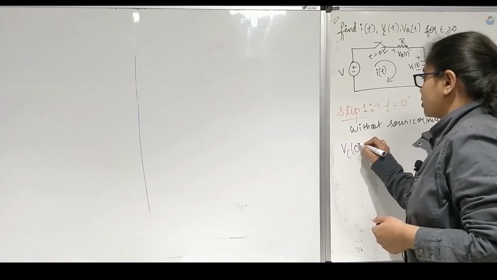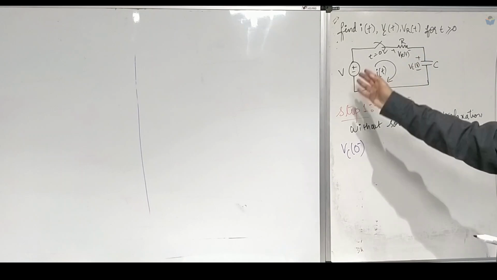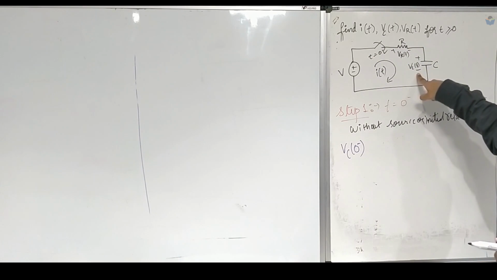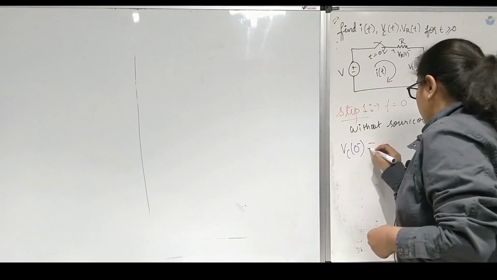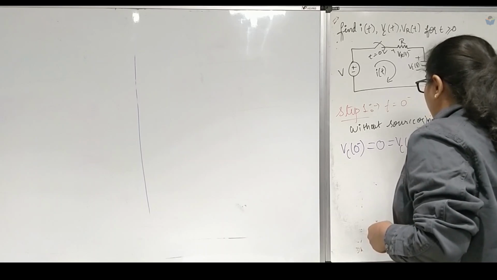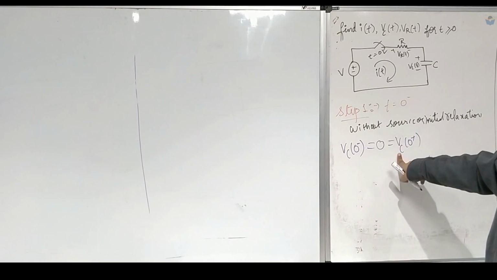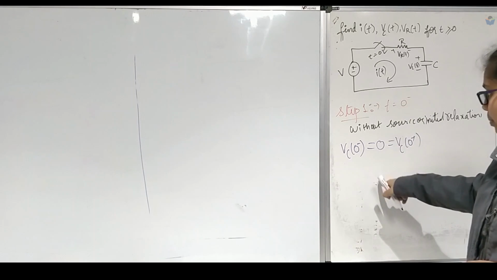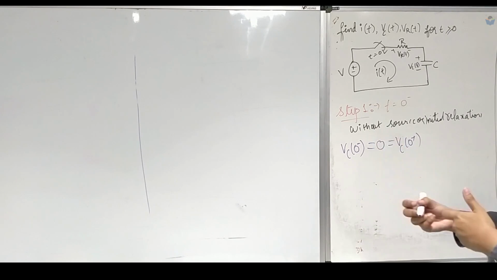Vc at 0 minus. When the switch is open, what is the current flow in this network? 0. So when it is 0, the voltage drop across the capacitor and resistor will also be equal to 0. So this will be 0, which will also be equal to 0 plus when it is just closed, because the voltage across the capacitor we will see in step 2 when we analyze t is equal to 0 plus. Okay, so this step 1 is clear.